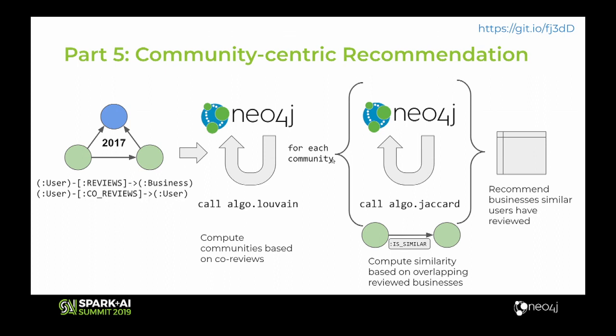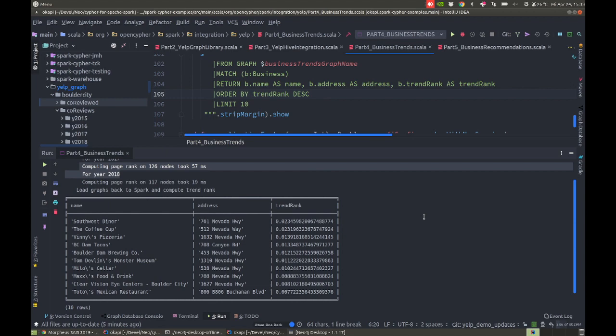And then for each of those communities, we want to find similar users within the community, which means two users are similar if they reviewed the same businesses. And then we want to recommend businesses to users that they have not reviewed before, but similar users have. That's the idea.